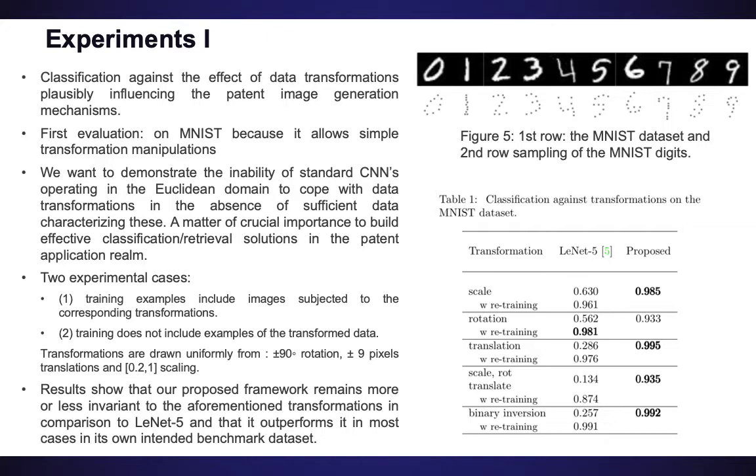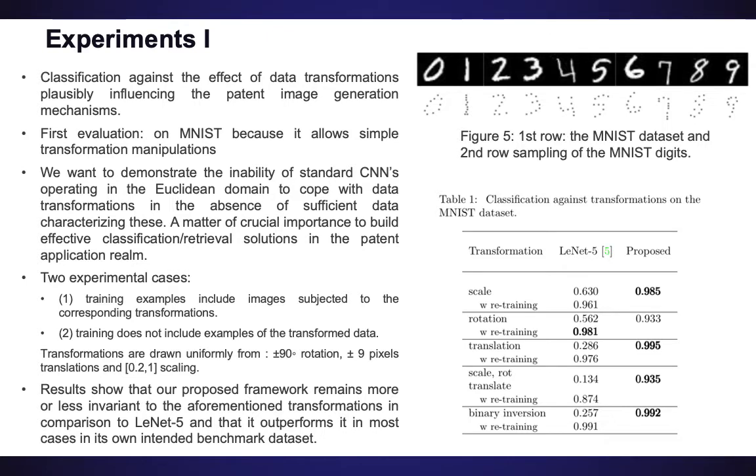The first row under each transformation corresponds to the data set when it does not include examples of the transformed data. And the second row for each transformation corresponds to a retraining of the entire architecture, where the training data set includes data representative of the transformation.